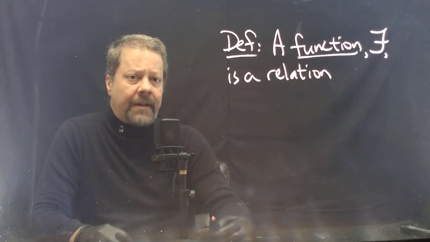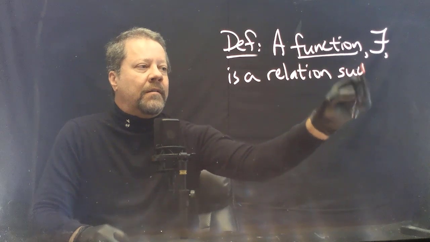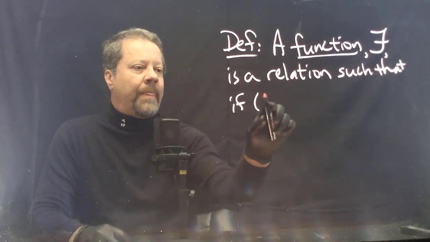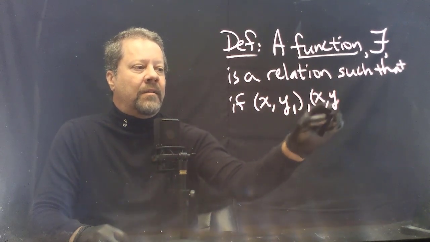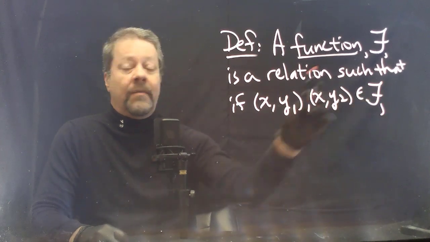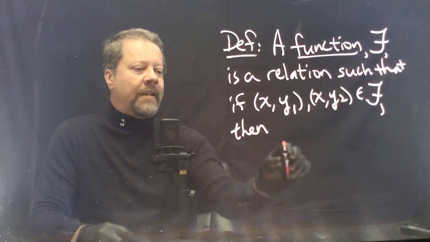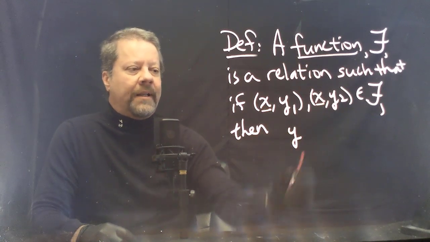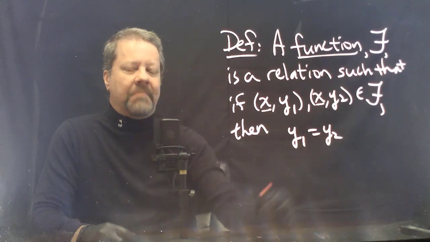Functions have to satisfy the vertical line test, such that if (x, y1) and (x, y2) are elements of this function, which is just a set of ordered pairs, then if these have exactly the same x coordinate, then they can't have different y coordinates. They have to be the same.